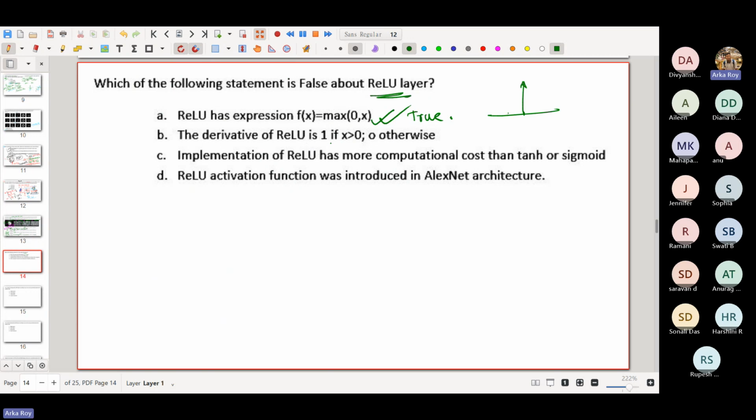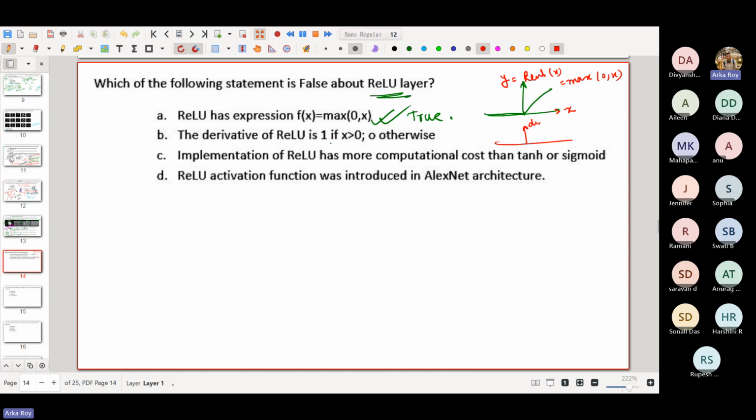So the ReLU function looks like this. If I just draw it, this is ReLU of x, which is max of 0, x. So this is the direction of x. And if I do the derivative, let us consider this is y equals ReLU.